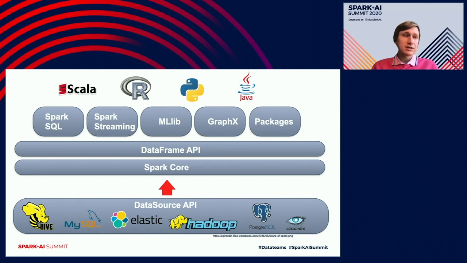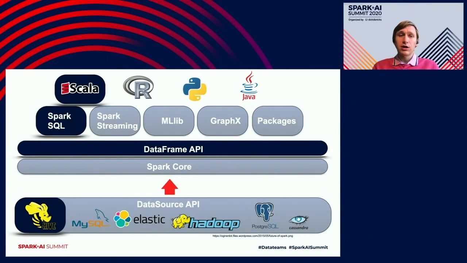However, this is not particularly great if the majority of your pipelines follow a certain pattern. The pattern which we have in Airbnb for 99% of our pipelines is that they are written in Scala. They use either the DataFrame API or something like Spark SQL, and they read and write data from Hive.